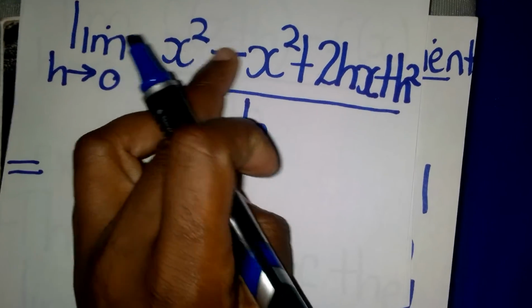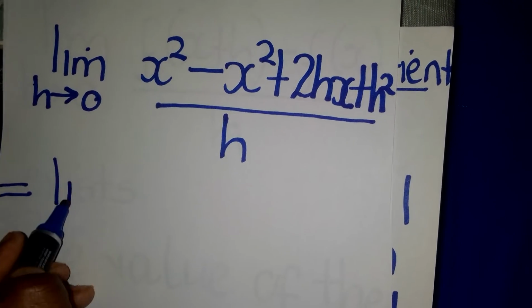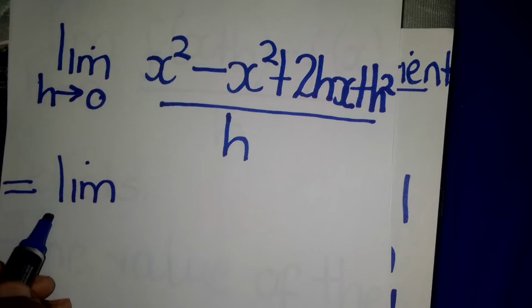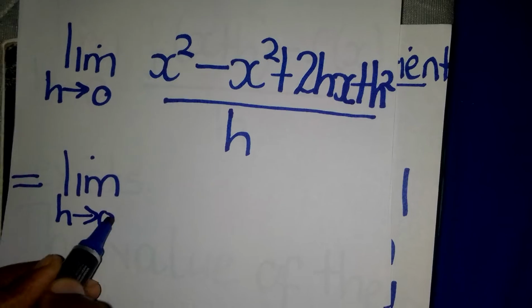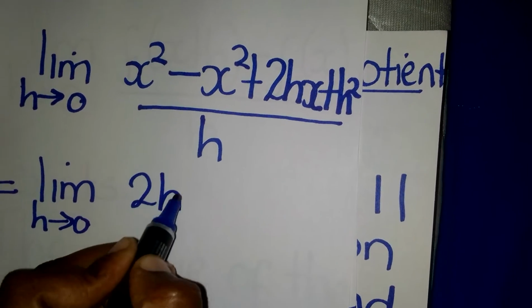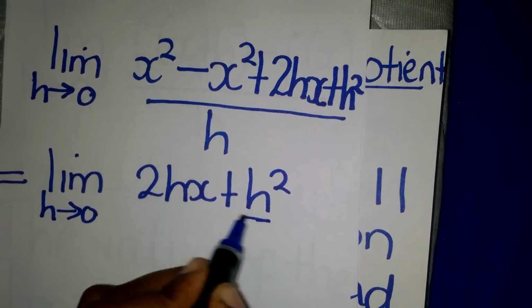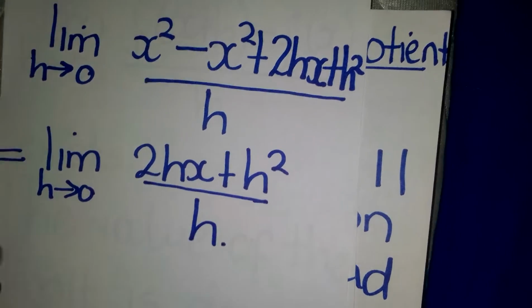Then x squared minus x squared is 0. We remain with the limit as h tends to 0 of 2hx plus h squared all over h.